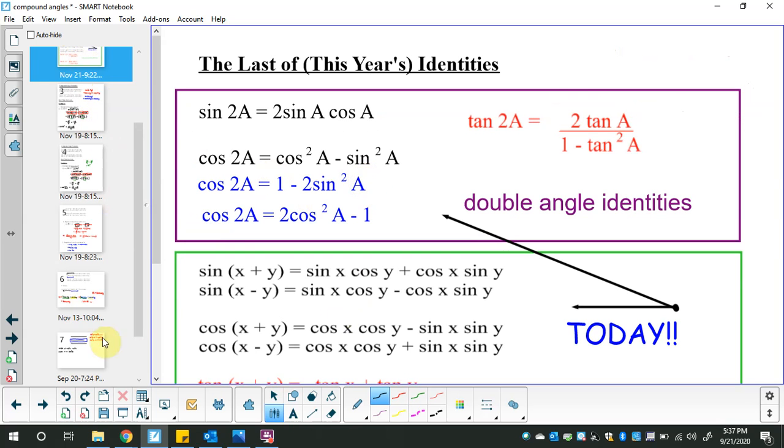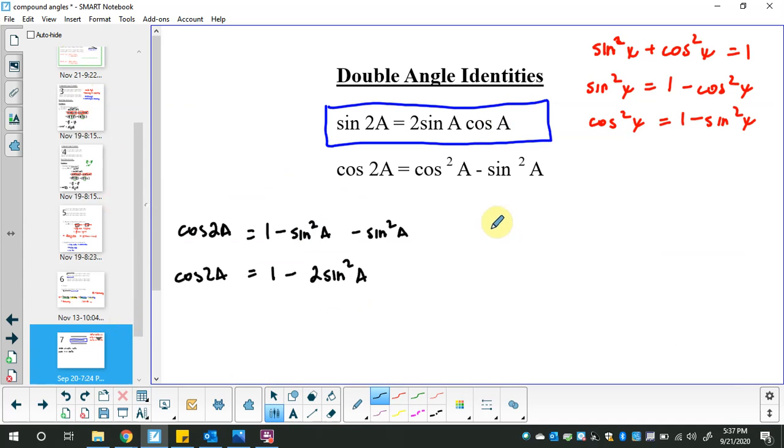Then you can do the backwards of that, where you can take cos 2a equals, leave the cos squared a minus, and then we need to take the sine squared a and turn it into 1 minus cos squared a.